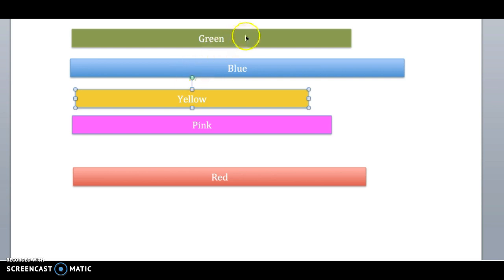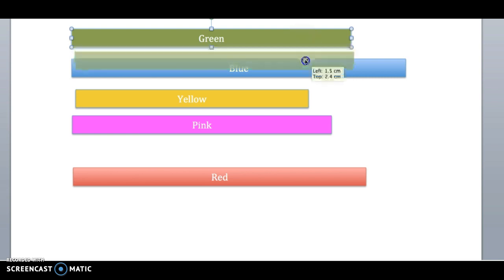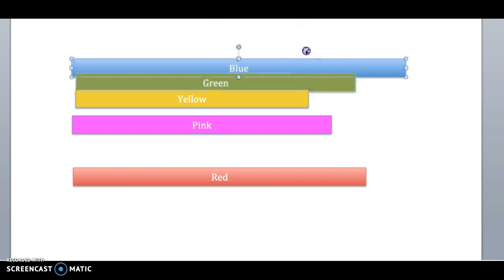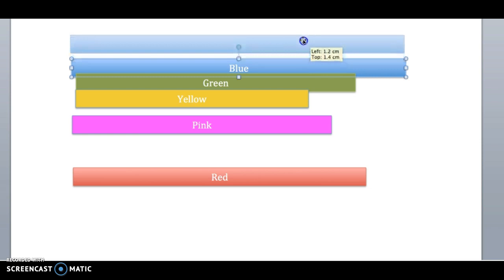Alright, so out of blue and green, they start at the same length, the same starting point. Now I can see definitely blue is taller, so I'm going to put blue up the top.